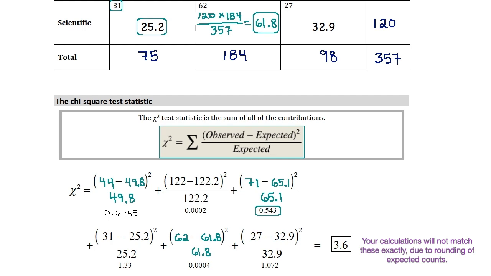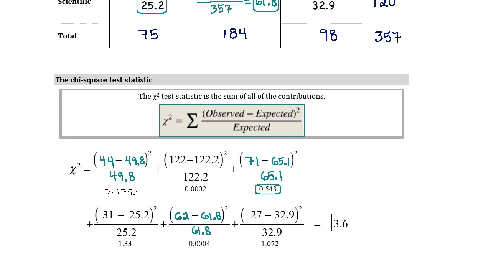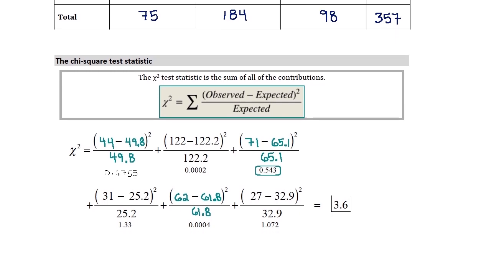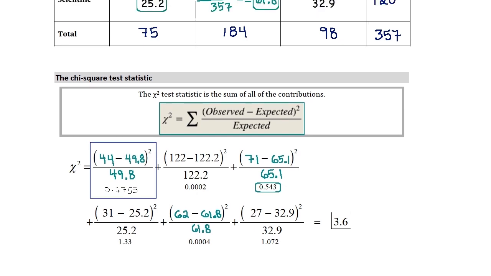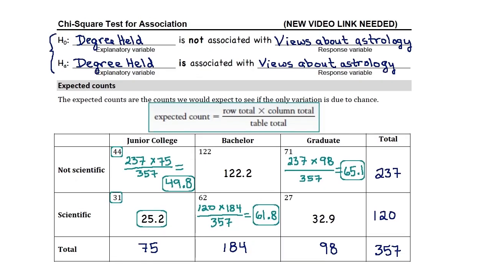Now, as far as your expectations on assignments and tests go, I would say be prepared to calculate any one of these contributions as you're asked to do so. So be prepared to do one of these contribution to chi-square calculations, or two, and be prepared to calculate whatever expected counts are requested of you.